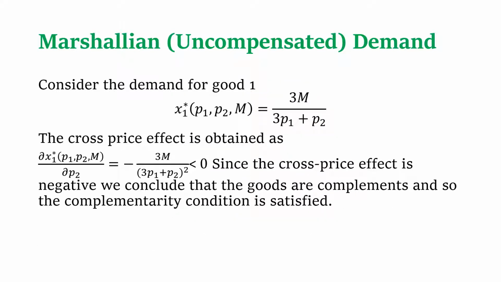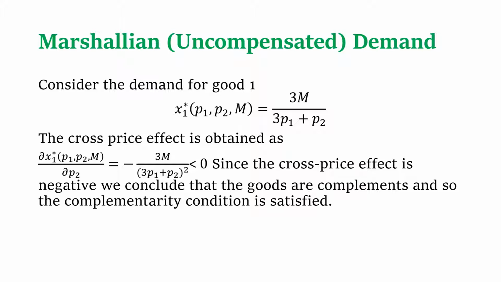Now, we want to do the second part, to prove complementarity. Are these goods actually complements? We can only know if we find the cross price effect. The cross price effect here is obtained by just taking the derivative of each of the Marshallian demand functions with respect to the price of the other good.